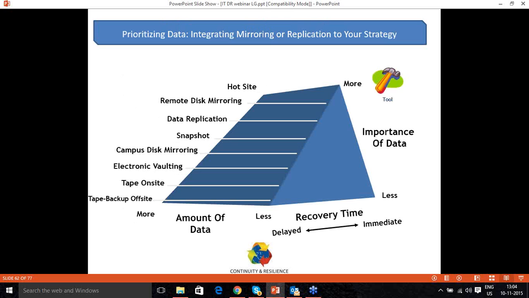We can have hot site, remote disk mirroring, data replication, snapshots, mirroring, vaulting, on-site, backup off-site. All these are recovery strategies depending upon the importance of data, the recovery time I have, amount of data I have. So based on the permutation combinations, I decide upon which kind of recovery strategy I would go for.